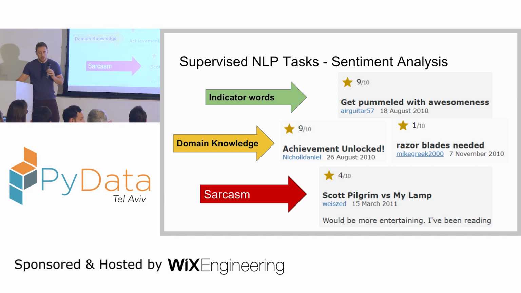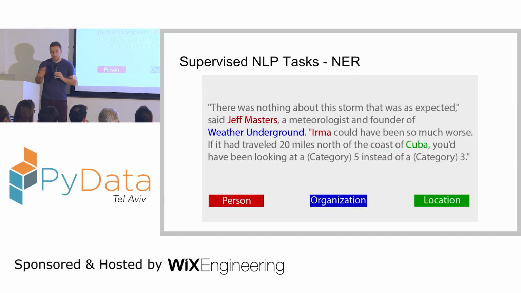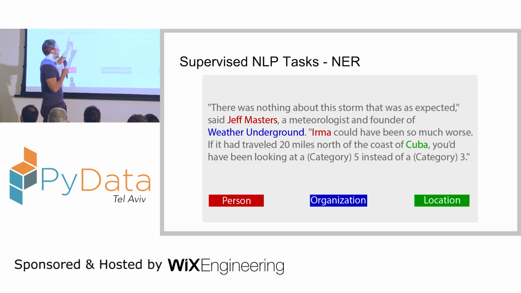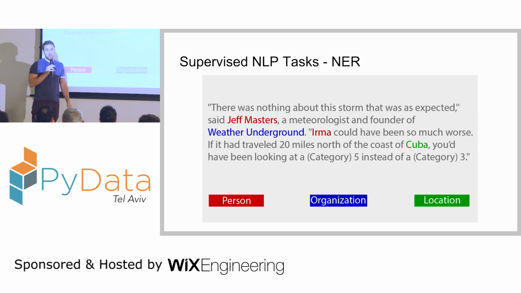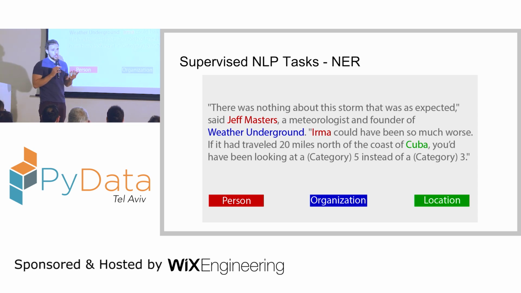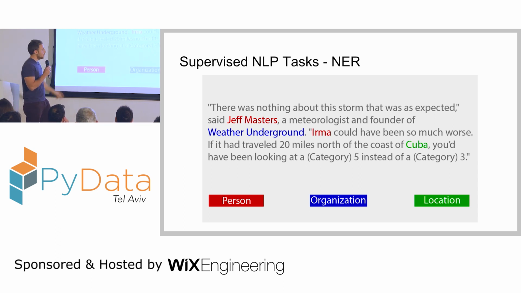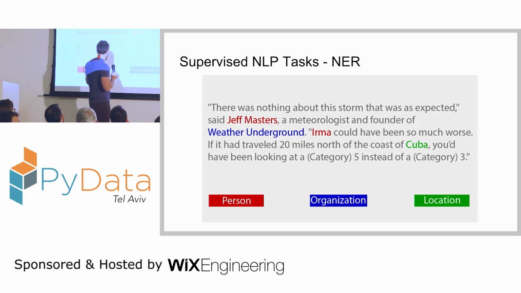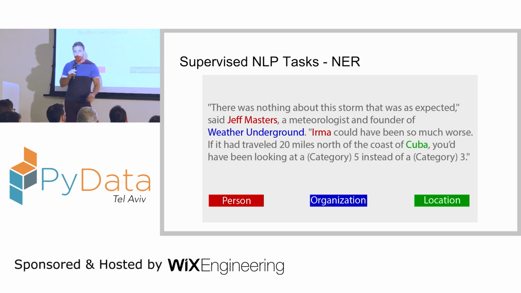And the last supervised learning task, the one which will be the focus of this talk, is named entity recognition, or NER for short. In classic named entity recognition, I have a clause or a short text snippet. I have a predefined set of entities, for example, person, organization, and location.